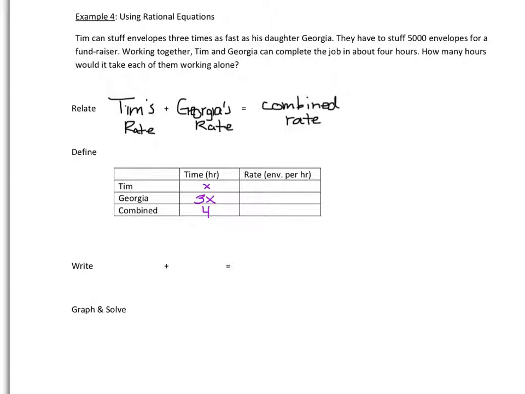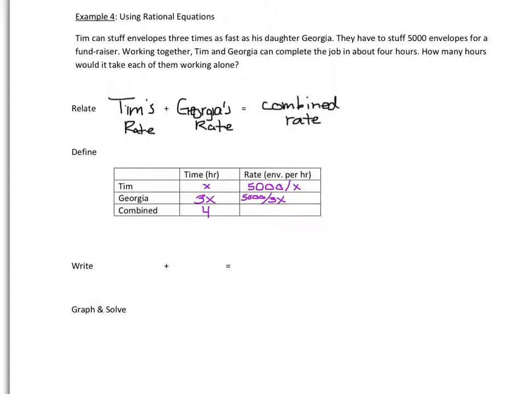Okay, now for their rates. What are they accomplishing? Just stuffing envelopes. How many envelopes? 5,000. So their rate is going to be 5,000 divided by their time. So Tim's is 5,000 divided by X. George's is 5,000 divided by 3X, which, no, I don't think we can reduce that.